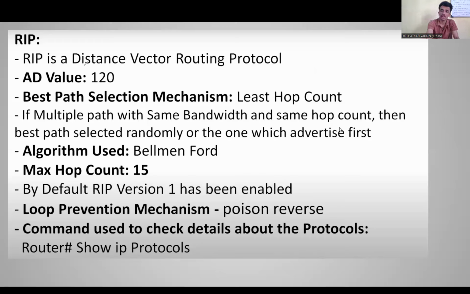Let us assume I am having a source here, my source, then my destination. I have to reach here. My source, my destination, and these are the paths. I have to consider them identical.